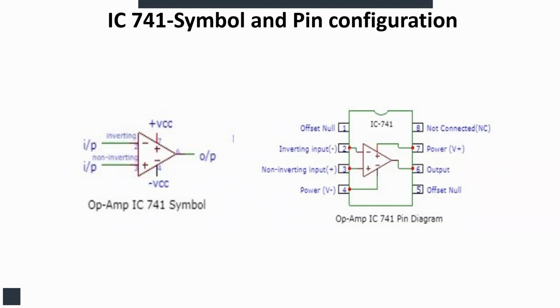Generally, 12 volts or 15 volts can be used as the power supply. And the 8th pin is no connection. On the left-hand side, we see the symbolic representation of IC741, showing the inverting input, pin 2, with the negative sign, and the non-inverting input, pin 3, with the positive sign. The 7th pin is plus VCC, shown by the positive sign, and the minus sign is the 4th pin, called minus VCC or VEE.